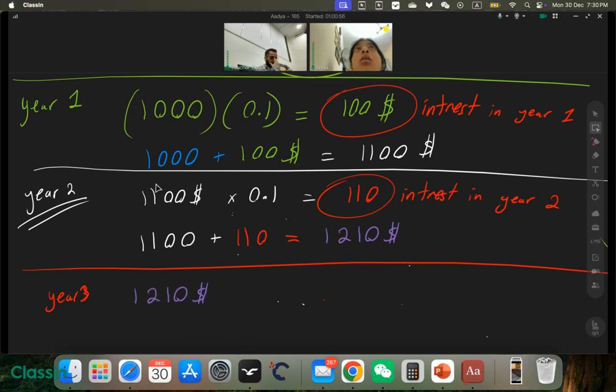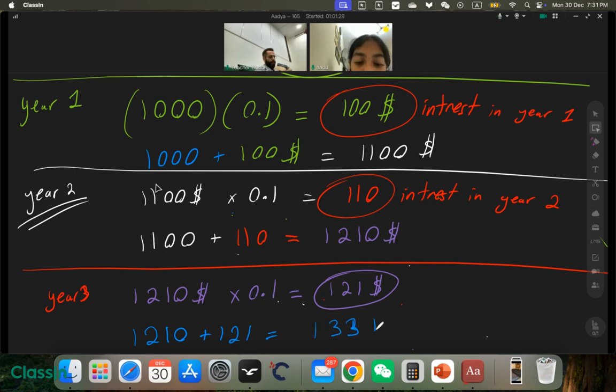Oh, so because it's cumulative, this one times 0.1, I'm getting $121 as the interest, right? So what am I supposed to do? 1,210 plus 121. Exactly. So 1,331. Right?